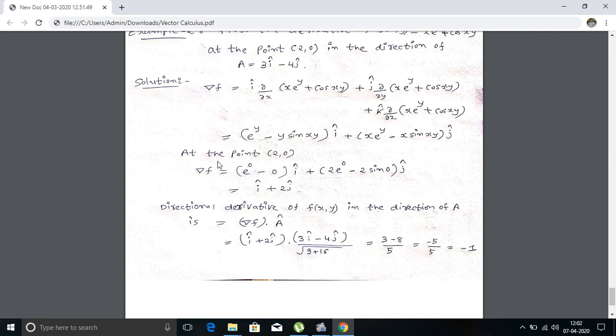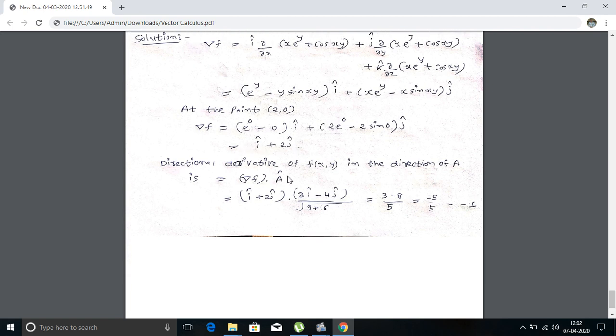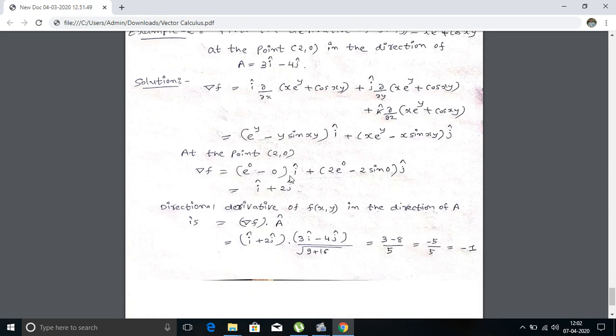Now we have to find this at the point (2, 0). Replacing x by 2 and y by 0, we get (e raised to 0 minus 0) i plus (2 e raised to 0 minus 2 sin 0) j, so it will be i plus 2j. This is grad f, but we have to find the directional derivative in the given direction. The directional derivative is given by the dot product of grad f and a cap.